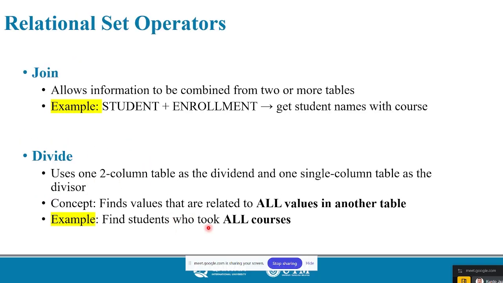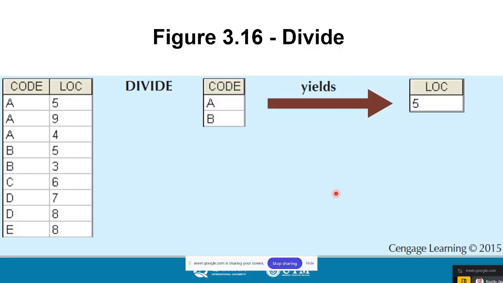Because we said find student who took all the courses. For example, use 2 column table as the dividend and 1 single column table as a divisor. What was the concept? Find values that are related to all values in another table. Now A5 will be our code and it will be our return.